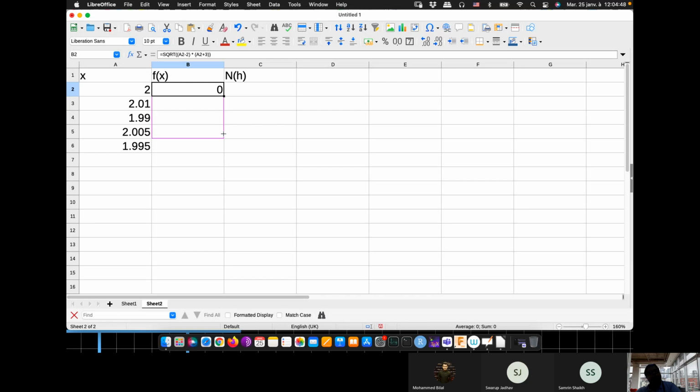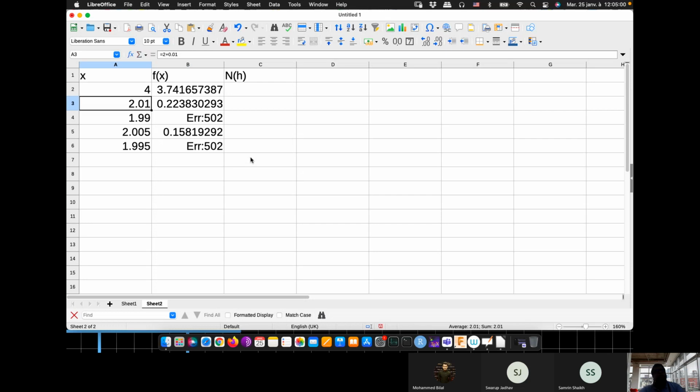I have to find out the value of the derivative. Can you tell me why this is an error? Because a negative value is coming, so I'll just take a higher value. I'll take 4, so that you get much easier values.